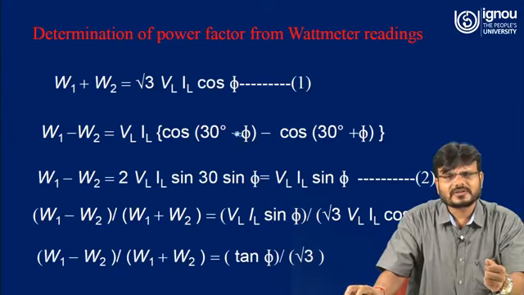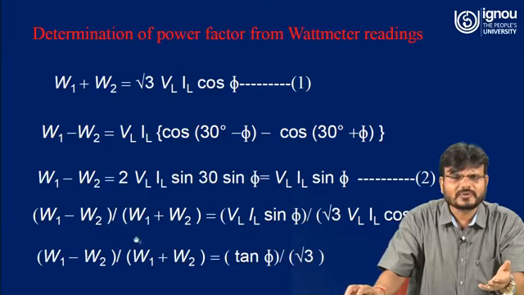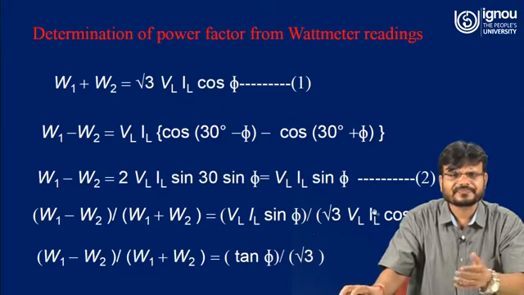Now you can write equation number 2 divided by equation number 1. So (W1 minus W2) upon (W1 plus W2) can be written as VL IL sin phi upon root 3 VL IL cos phi.